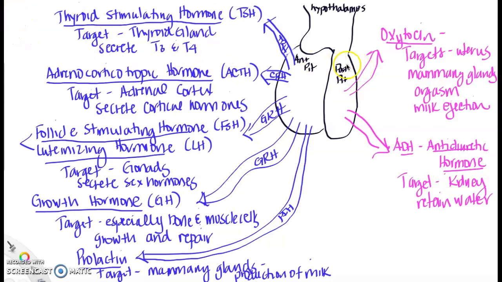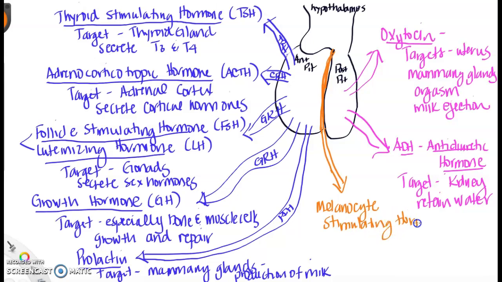Now there is one other hormone here. So there's like an area in here, sort of the intermediate pituitary. And from that, we get melanocyte stimulating hormone, or MSH.